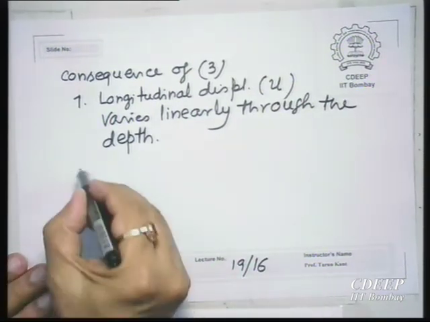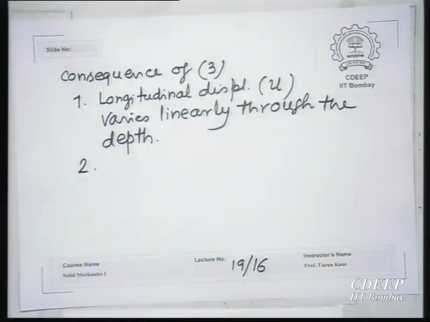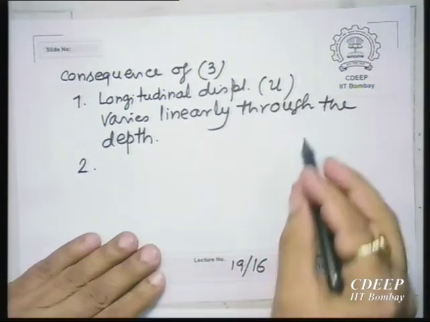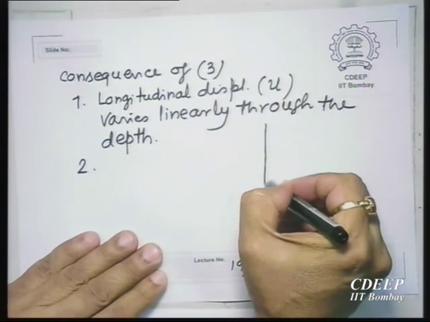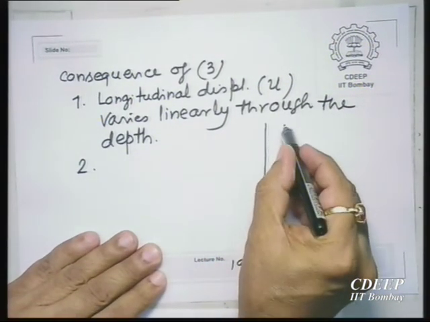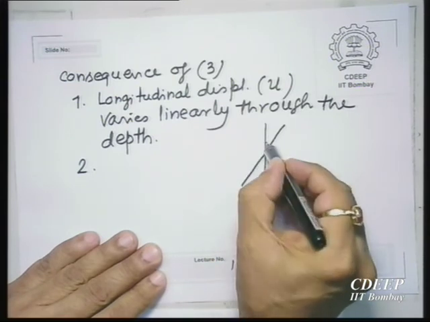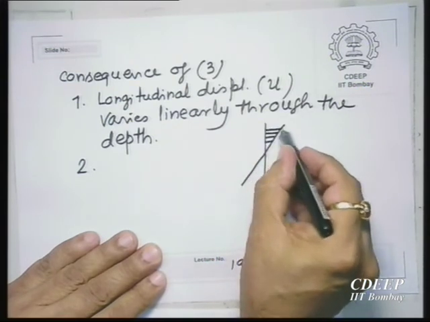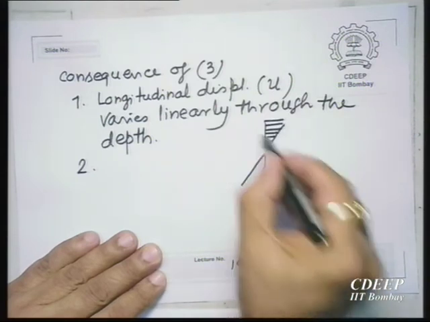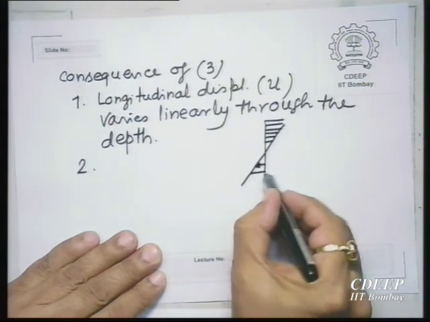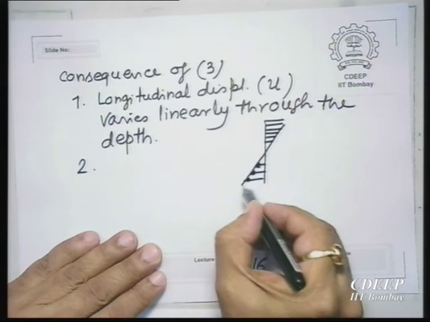Two, the cross section becomes like this. All these are my u displacement. This is positive, then this is negative. This comes on this side.